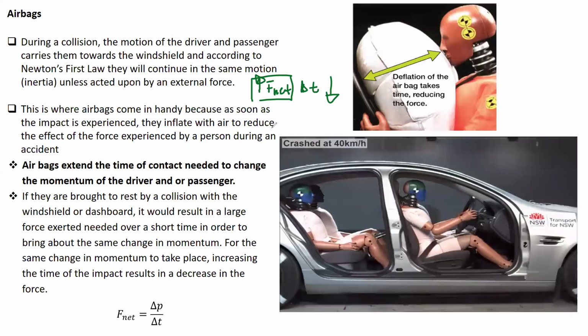So it's important, therefore, to understand this concept of safety, that it is hinged on whatever mechanism you're going to use, whether it's airbags, seat belts, arrestor belts, whatever. Their mechanism is based on the fact that I would like to increase the time of contact.